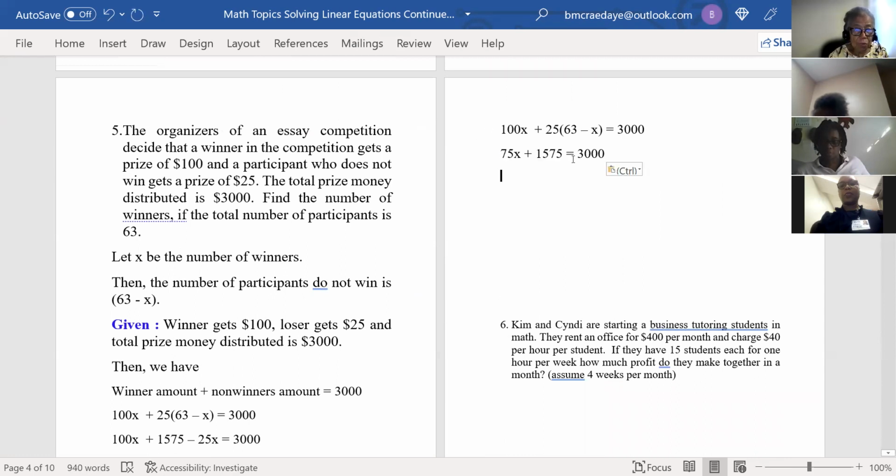Okay, so you subtract the 1575 from both sides. And what do you get on the left side, Maureen? What's left over here once you subtract? It's 75x, because 1575 minus 1575 is 0.